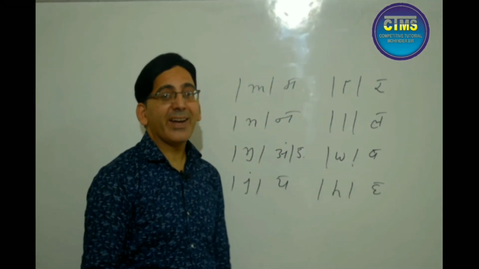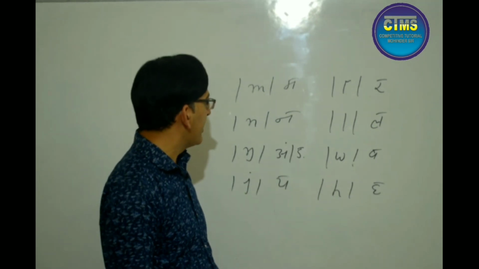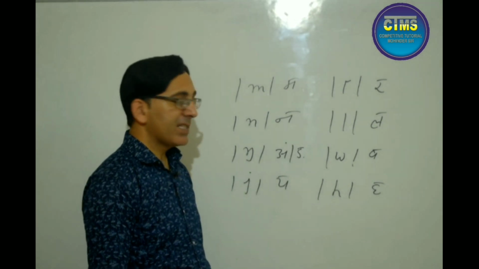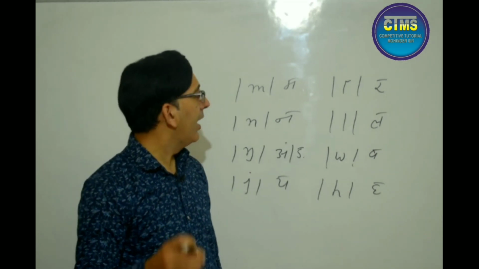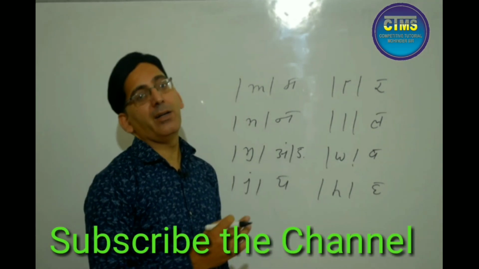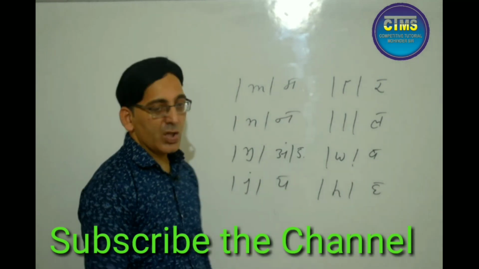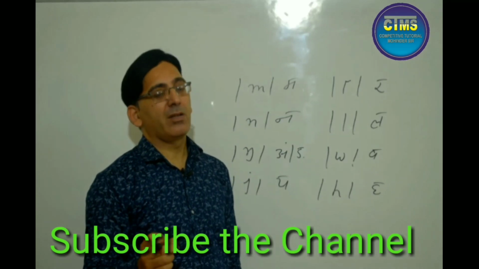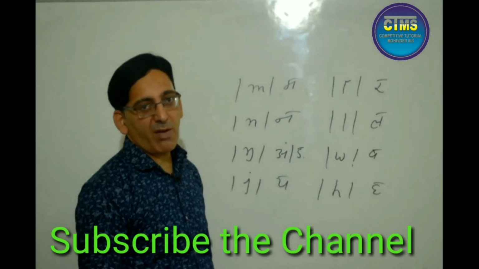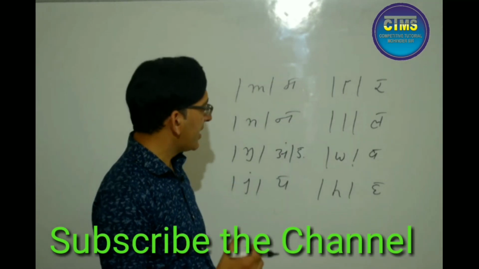Now these are 8 more consonant sounds. They are pronounced as y, r, l, w, h. Now these are the 24 consonant phonemes, or the symbols of the 24 consonant sounds.